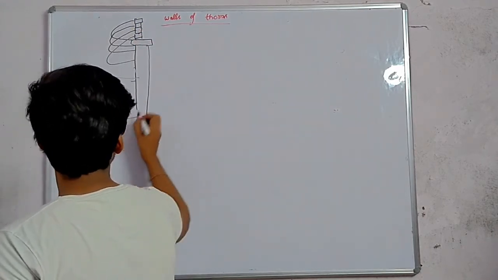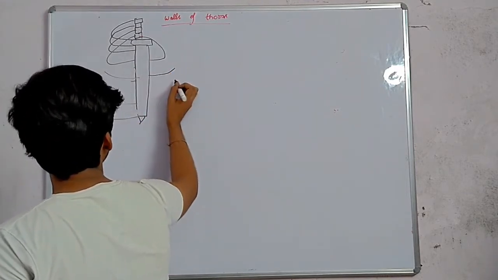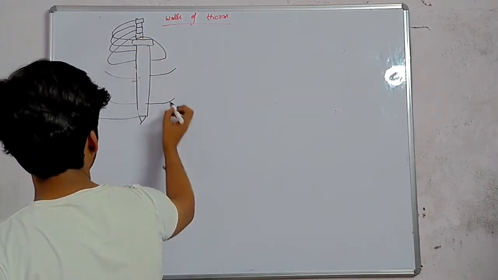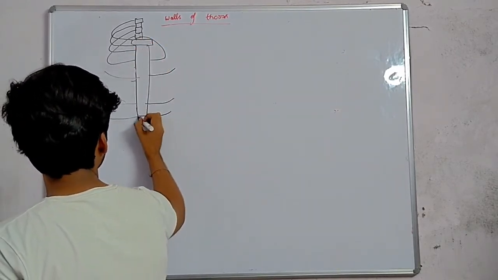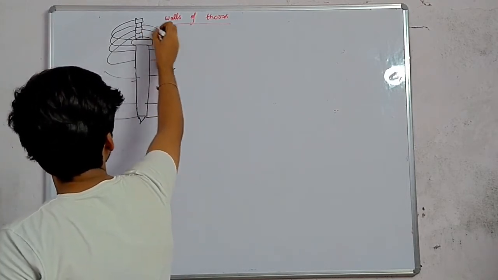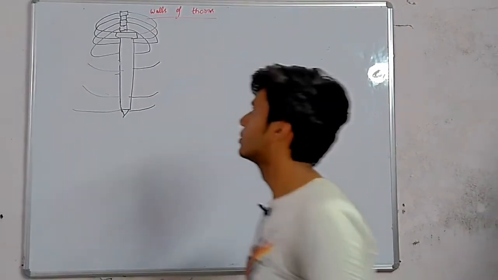This is 7. Same from this side. 1, 2, 3, 4. So this is ribs of thorax.